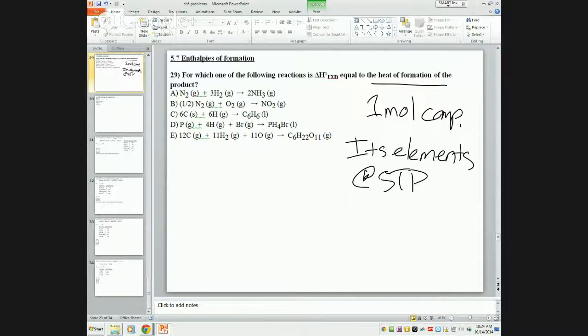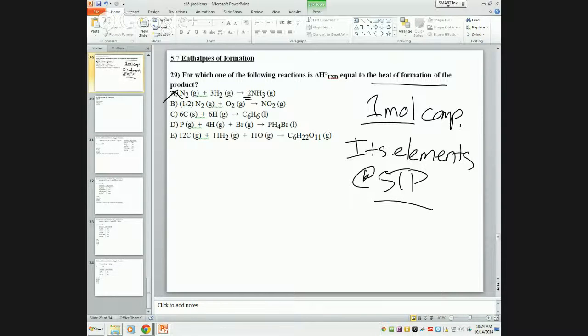So we know we're looking for 1 mole of product, so we can get rid of choice A because we're making 2 moles there. We can't eliminate any other choices because of that. But we can eliminate some other things because we want it at standard conditions, right?